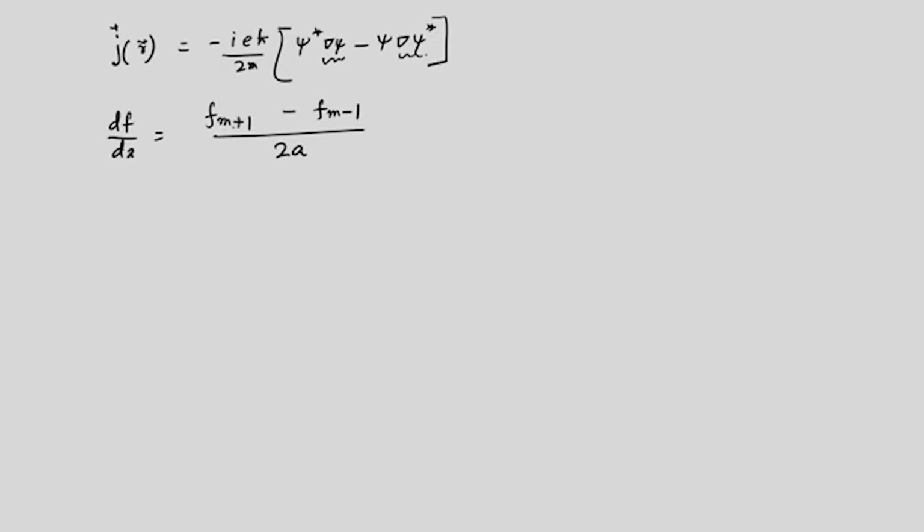If you are making a particle hop from one site to another, with m denoting the site indices, the particle will hop from m plus 1 to m minus 1, and the derivative is divided by 2a. There is of course a limit. This comes from df dx equal to f of x plus h minus f of x divided by h, limit h tends to 0. Okay. So, this is how we discretize derivatives, and instead of this formula I have written a 2-point formula, that is hopping from m plus 1 to m minus 1 and so on.